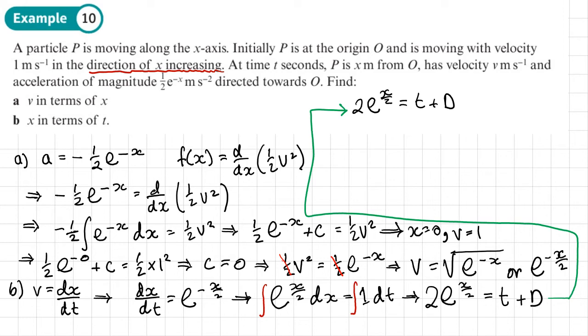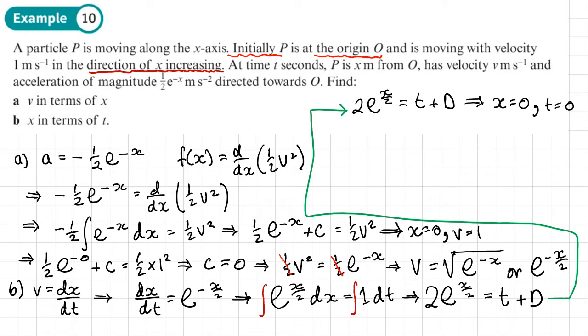How are we going to find this constant of integration? Well, the information that was given in the question: it's initially at the origin, so we don't need a velocity part. We just want initially t equals 0, x equals 0. So x equals 0 at t equals 0.